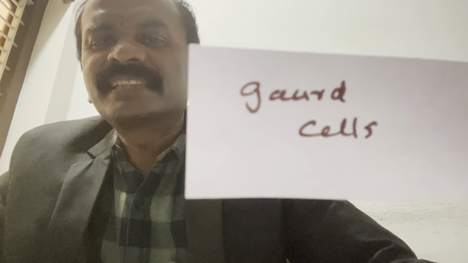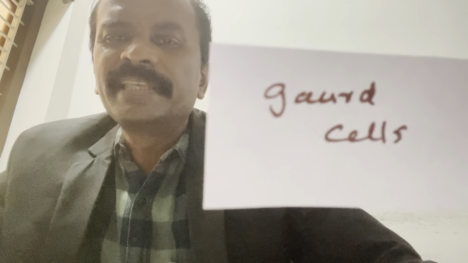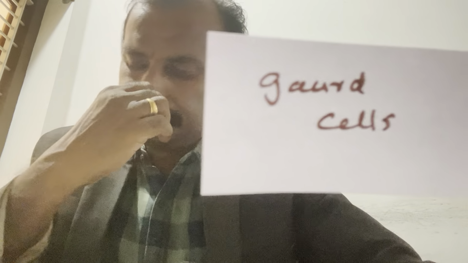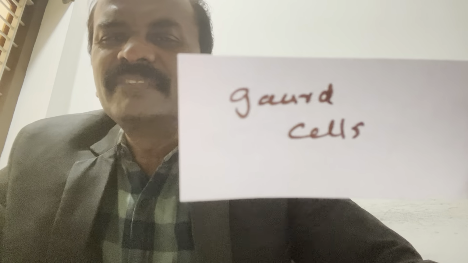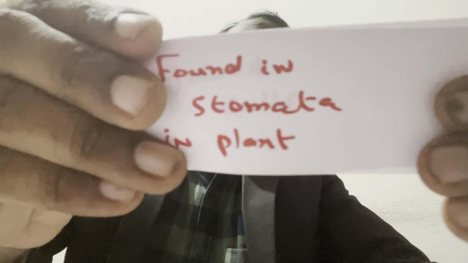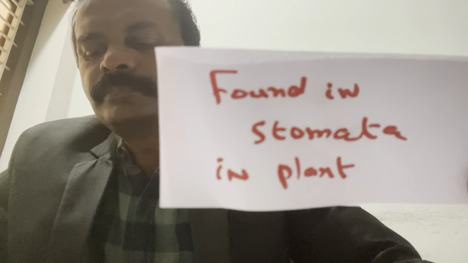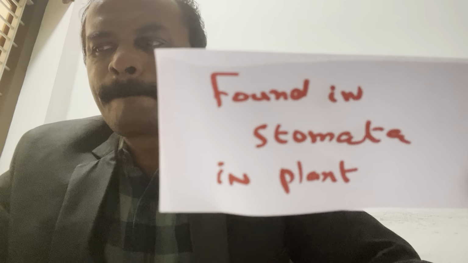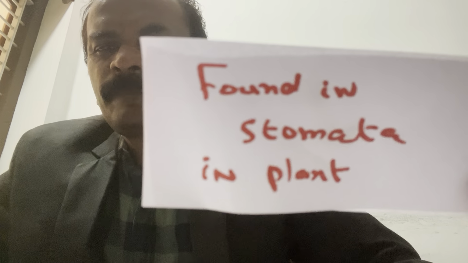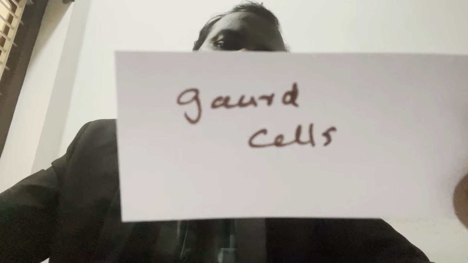Where have you seen guard cells? Are they found in which organ in our body? Anywhere? Guard cells. Brain, kidney, liver, eyes, nose. Which organ? Guard cells are found in the stomata of plants.